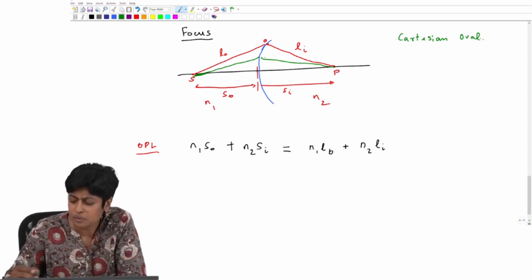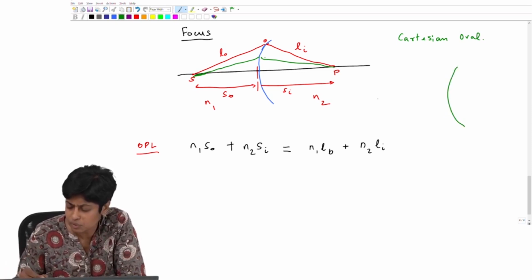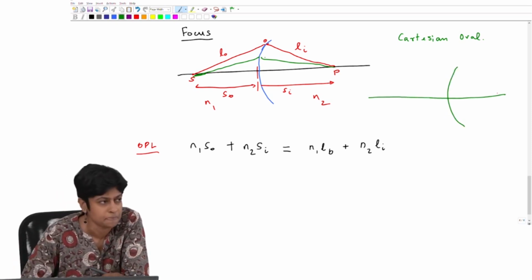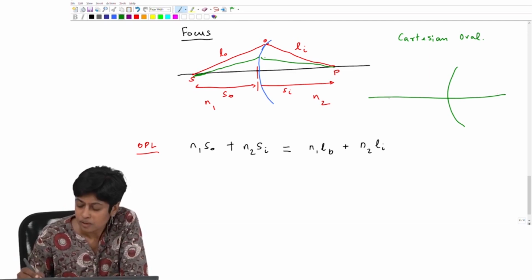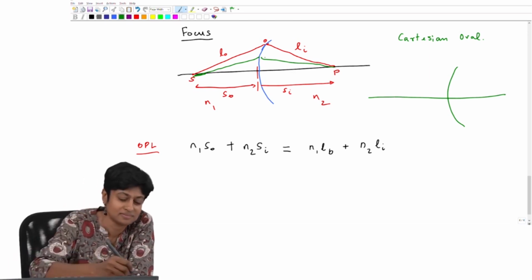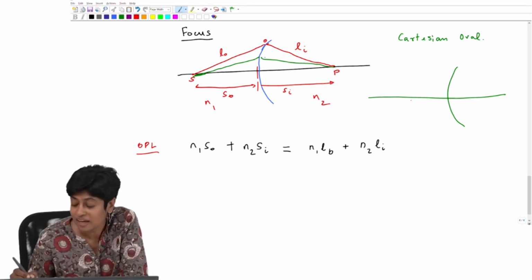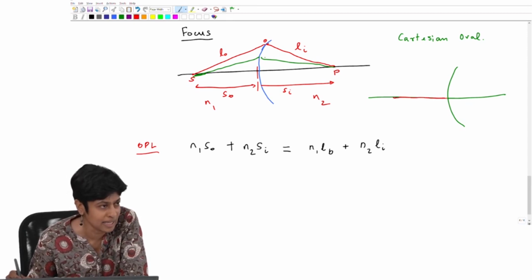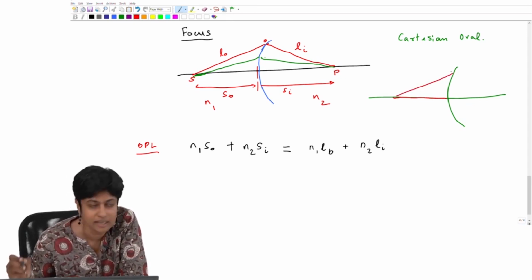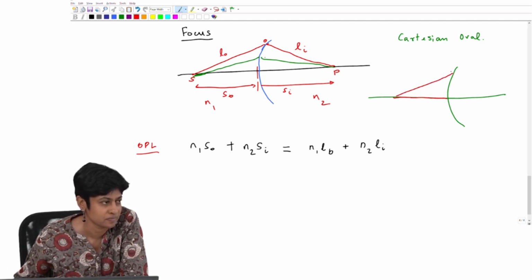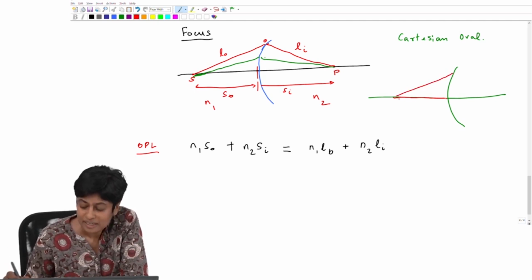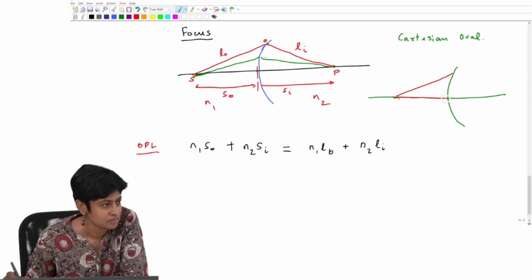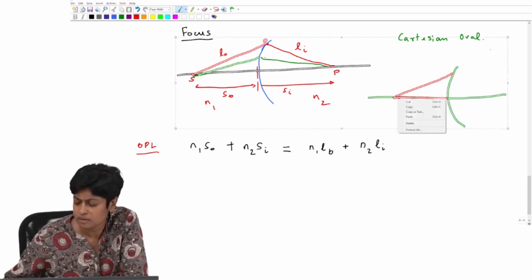You can think of how it works if you break it down, look at this. If you have rays traveling along the optical axis and a ray traveling at some distance, this ray hits the interface before this ray does, right?